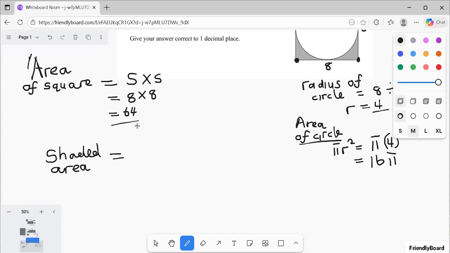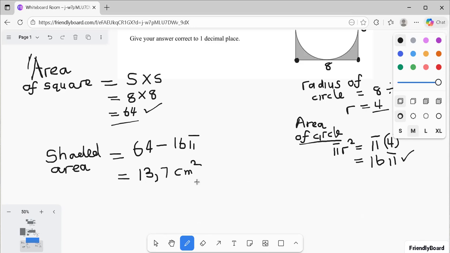This was my larger shape, so I'm going to write 64 here, take away the area of the smaller, which is 16 pi. So the final answer is 64 minus 16 pi, which is 13.7 to one decimal place, centimeter squared.